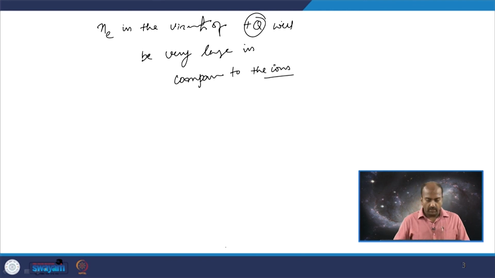So, as the time passes, if you consider this enclosure, the number of electrons will be very large in comparison to the number of ions.